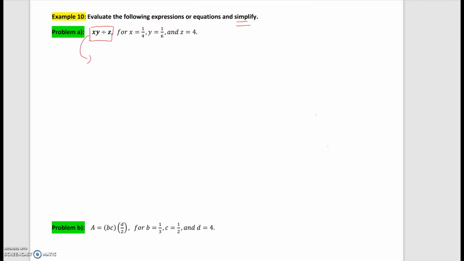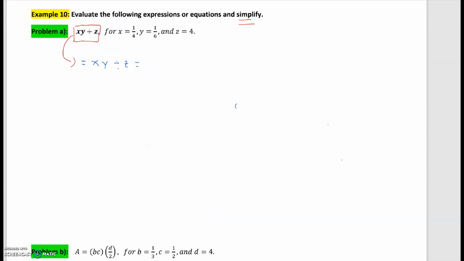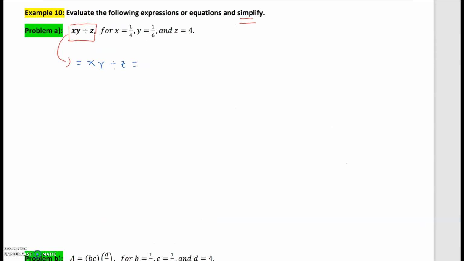So I'm just going to say that, well, this is equivalent to xy divided by z. I just rewrote it. And then we're going to plug into each of these variables the value that they're worth. So I'll just put parentheses. In this case, parentheses x, parentheses y, and divided by the value of z.